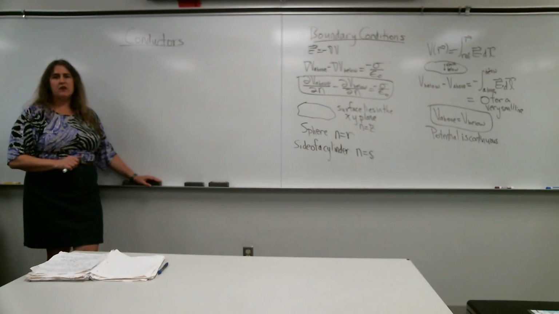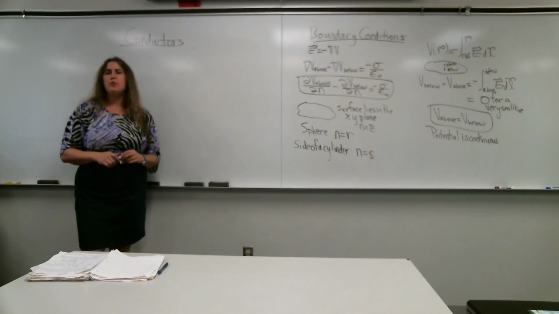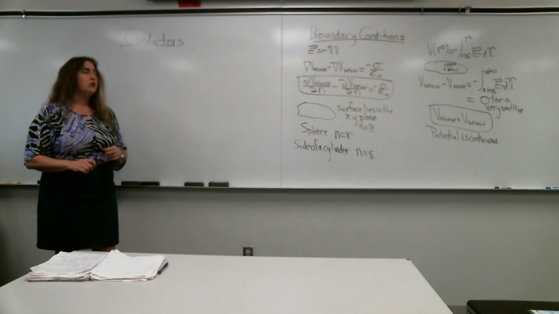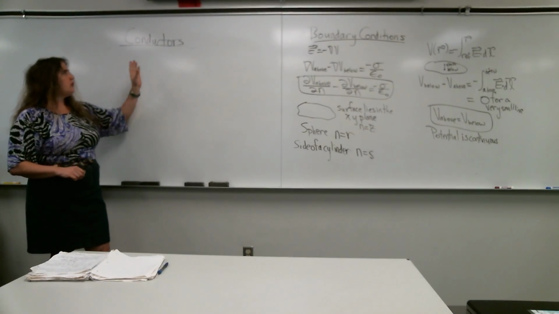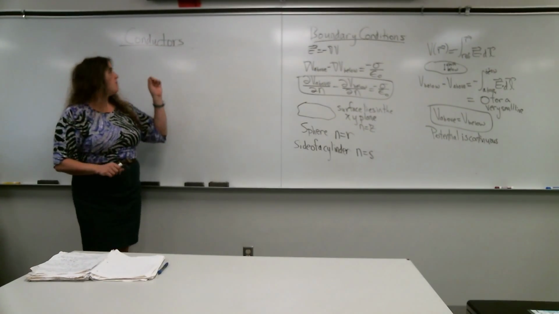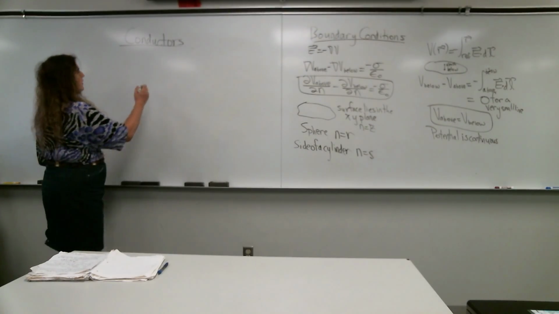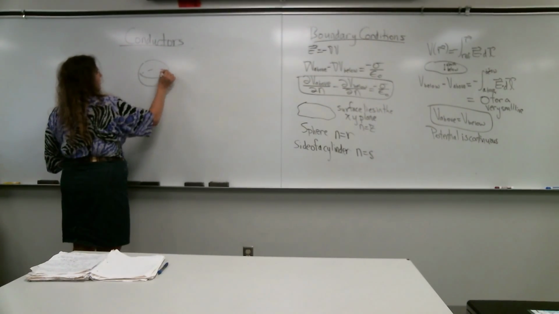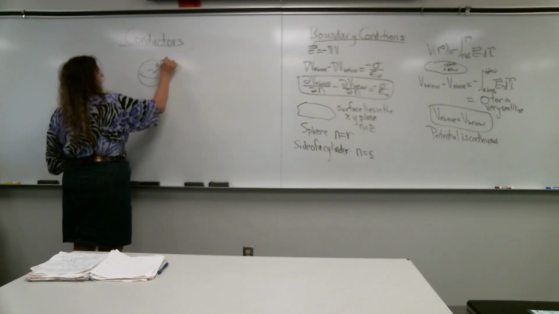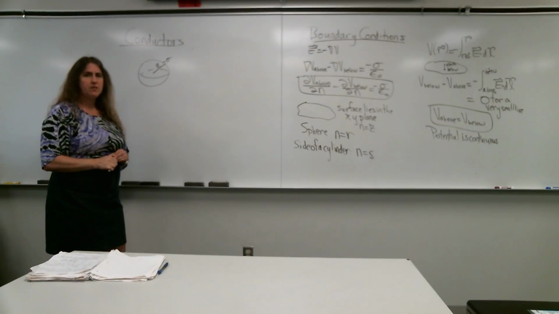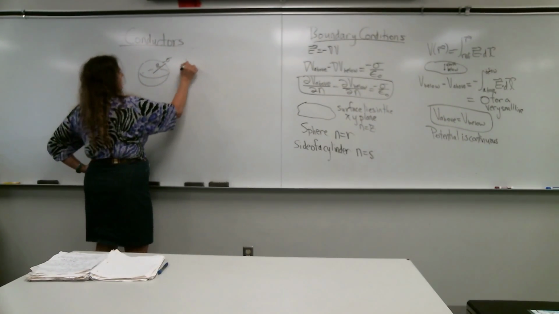In insulators, on the other hand, the electrons are tightly bound to atoms or molecules, so they're not going to roam around. When we looked at the electric field inside of my charged conducting sphere, that vanished.